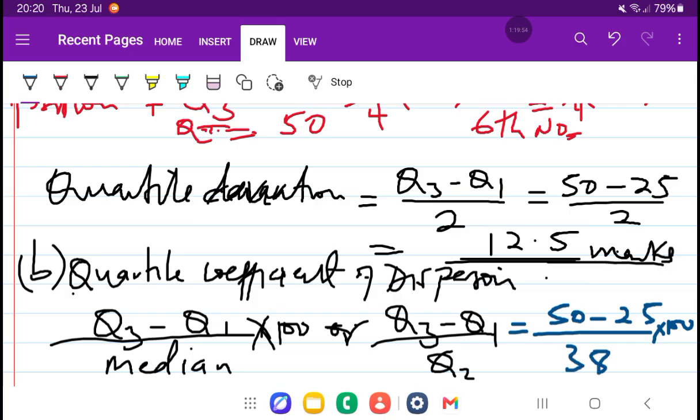So 50 minus 25 divided by 38 times 100. The median, we said that is the number that is in the middle. Of course, the answer is 65.79%. That's the answer.